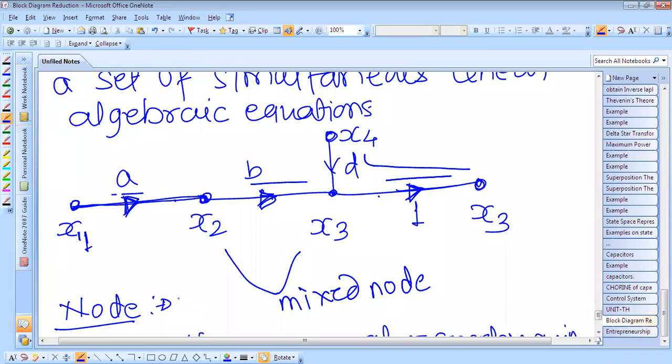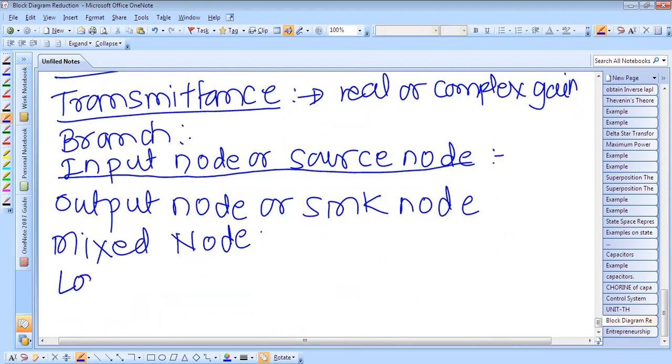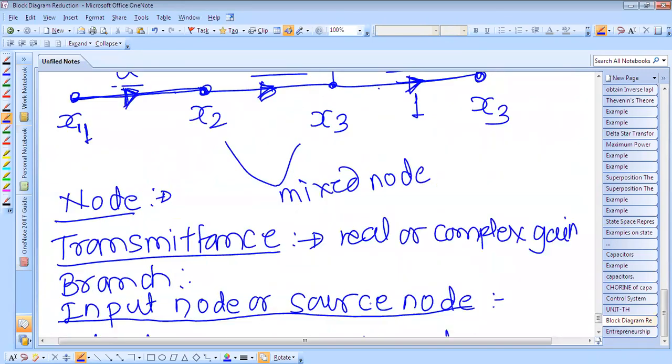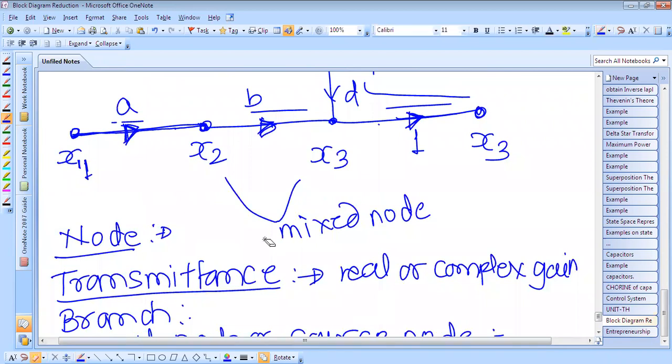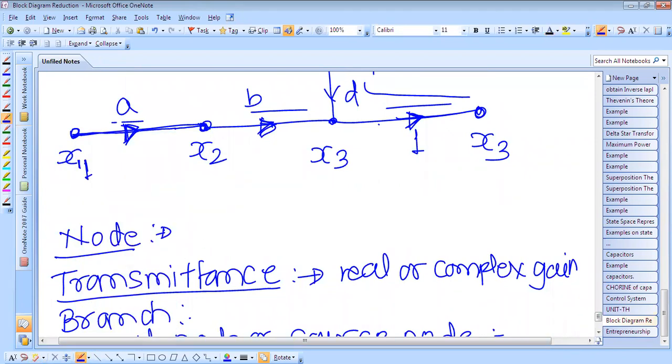Next is the loop. A loop is a closed path. I will show one loop here.